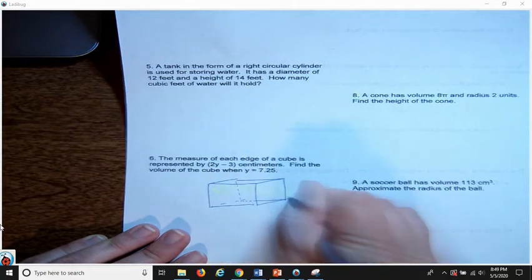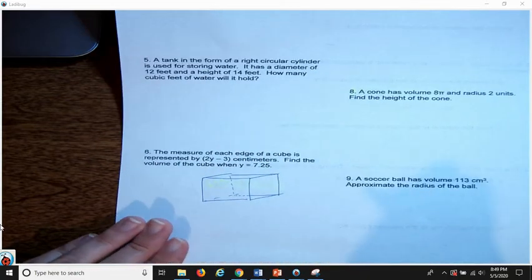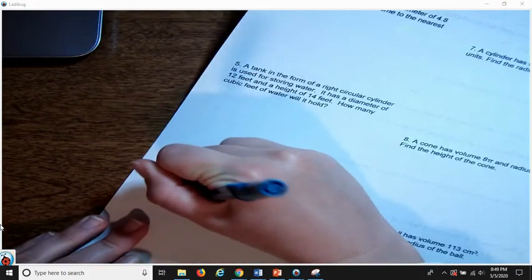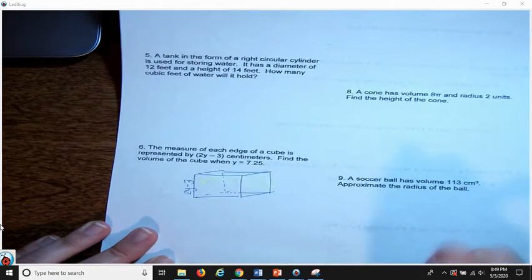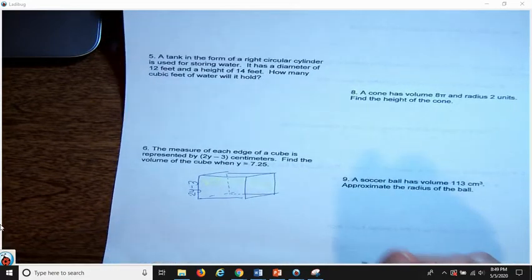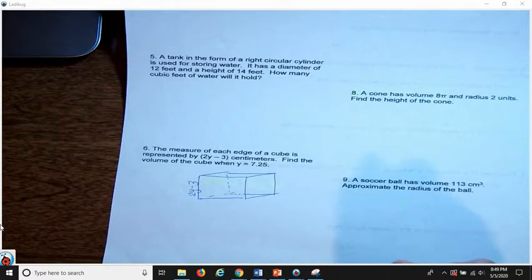Okay, there's our cube-ish. And each edge is 2y minus 3 centimeters. And it says find the volume of the cube, and it gives us a specific value of y to use.